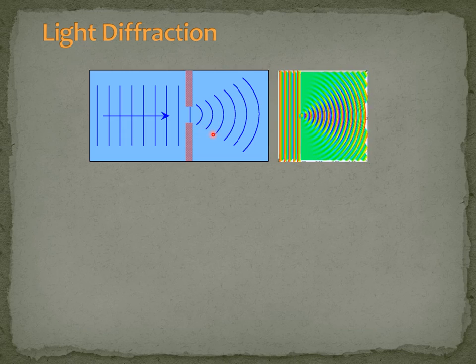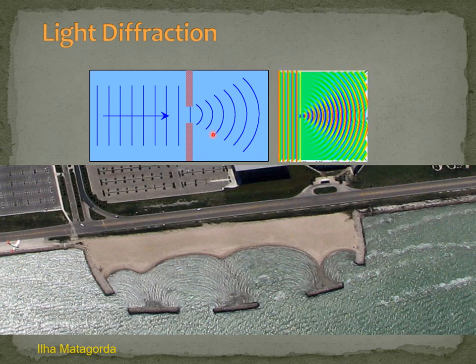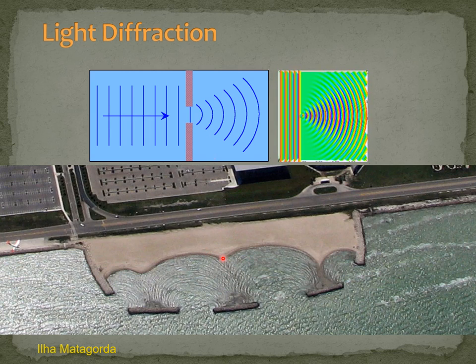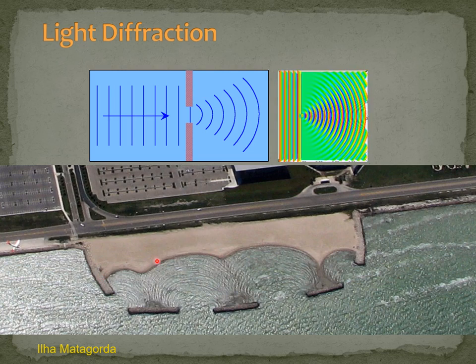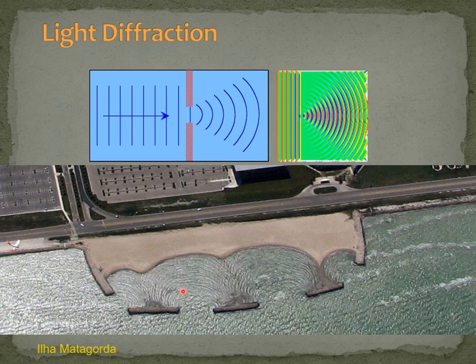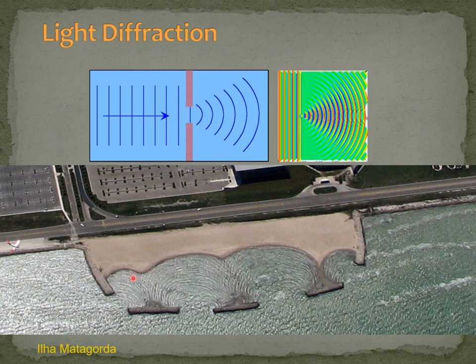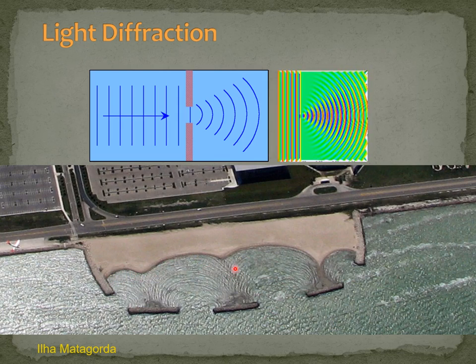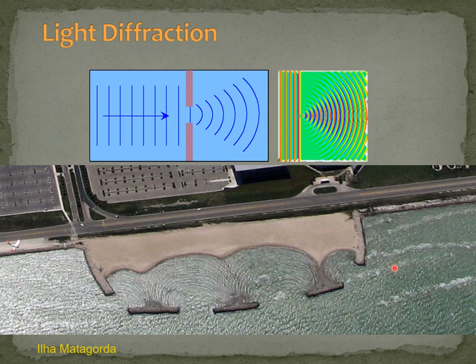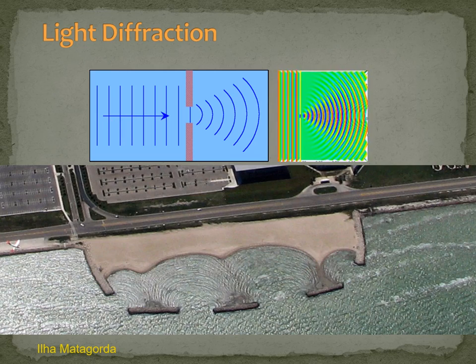All waves suffer this phenomenon, even large waves, as you can see in this aerial picture of a harbor, where you can see these barriers that prevent the water waves coming, and the effect is easily observed on the sand caused by these waves.